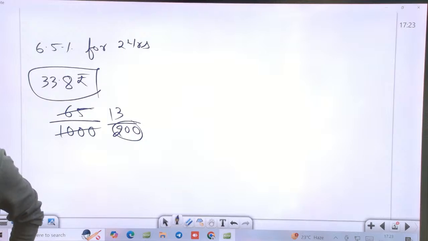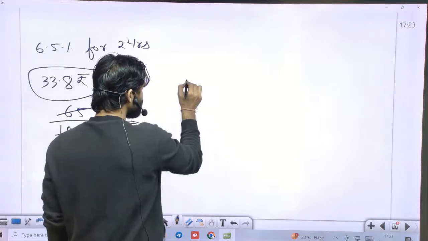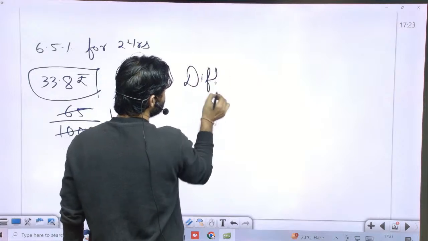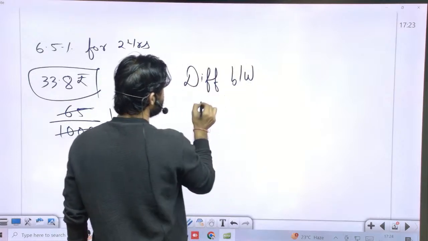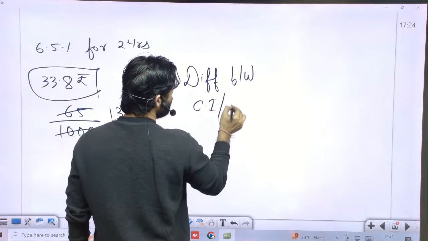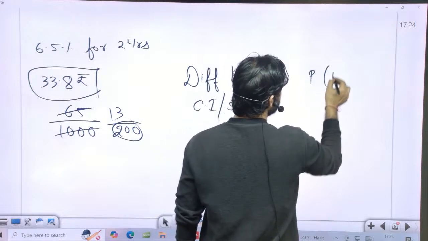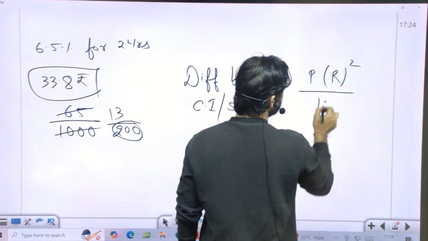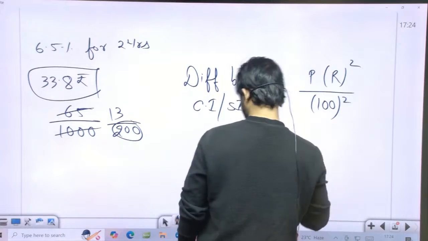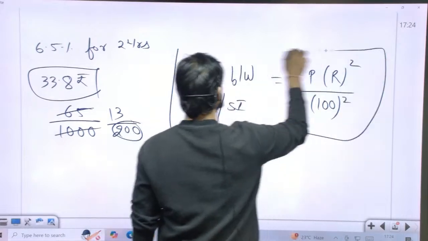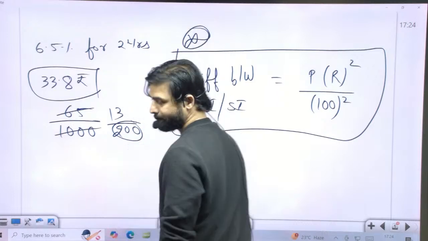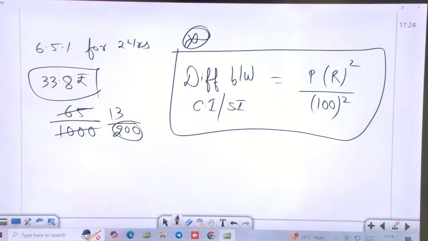Let's introduce a formula, and the formula is very simple. Difference between CI and SI equals P R square upon 100 square. Put it in a box. This is the difference between CI and SI, not CI upon SI.